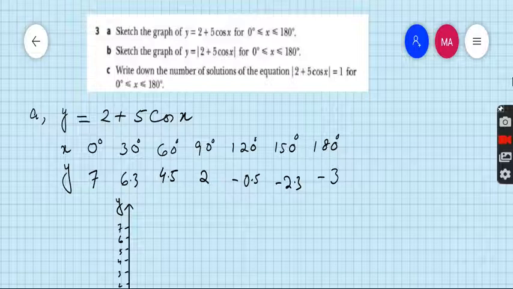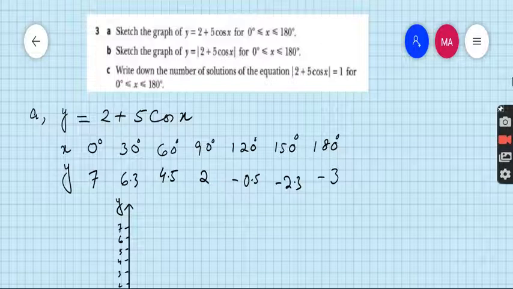For this function, first we have to make the table for x and y values. You can take any suitable interval, just like I took a 30 degree interval: 0, 30, 60, 90, 120, 150 and 180, because the last value is 180 degrees.